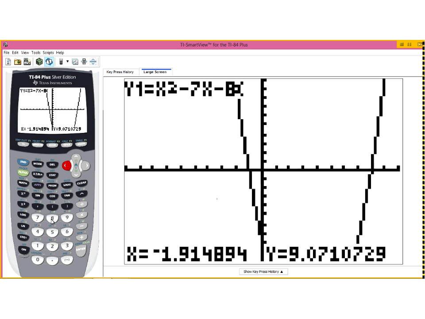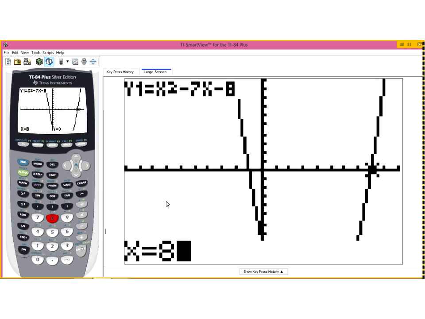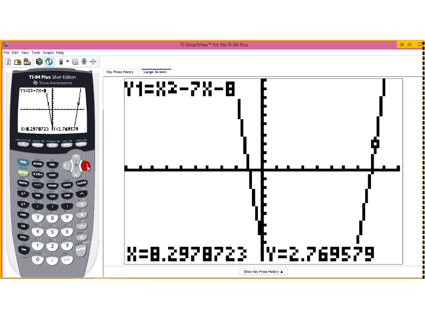What about over here? If I type in 8, I'm at another x-intercept. And if I go to the right of 8, then my y values are positive. So x values to the right of 8 make my y values positive, which is what I'm looking for.